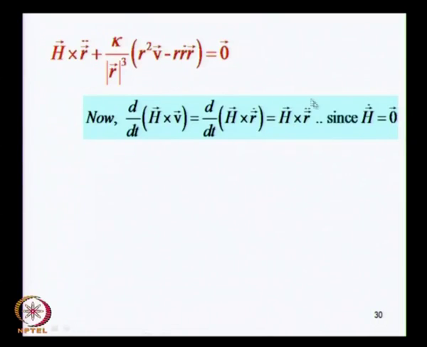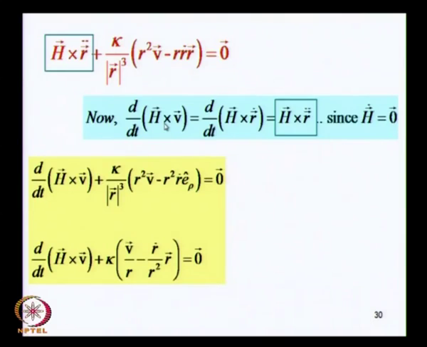and this is the quantity which is appearing in the first term over here. So, for the first term I have written the time derivative of h cross v, the remaining terms I have written as they are, and the whole thing equal to 0.